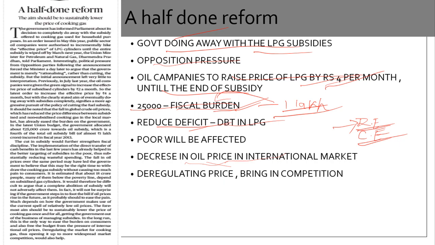Direct subsidies in themselves have reduced wasteful spending, plus targeting the poverty line and asking people to give up LPG subsidies has made the government save more. The fall in international oil prices has also benefited the government, and the government felt this is the right time because of the decrease in international oil prices. So cutting down the subsidies would not harm more.